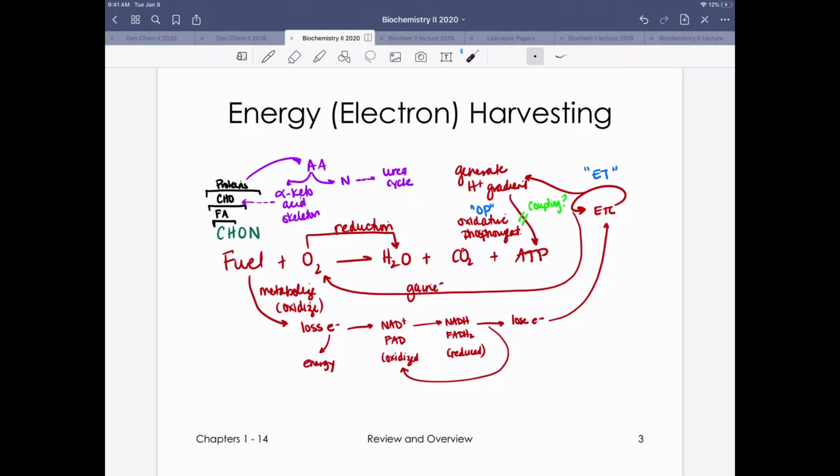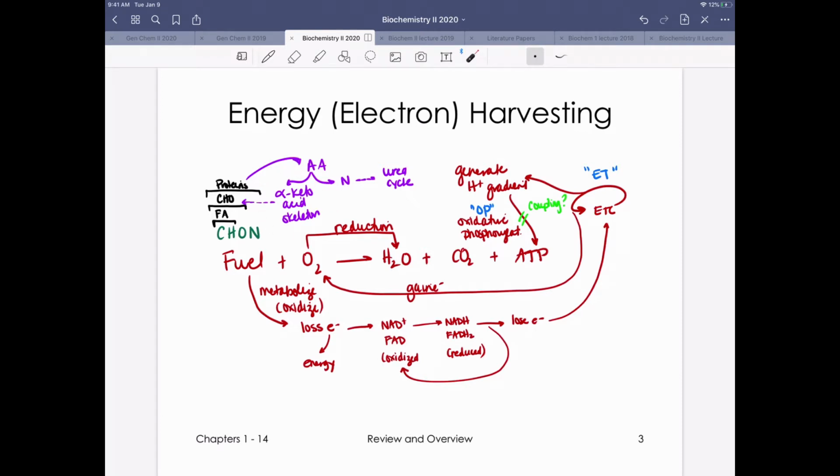After we do lipids, we'll talk about proteins. The unique thing with proteins is they have the element nitrogen, so we'll talk about how we deal with nitrogen. The big picture thing to think about here is that amino acids basically have an alpha keto acid skeleton part and then that nitrogen atom. The first thing we'll talk about in our amino acid chapter is how we deal with the elimination of nitrogen, and your body does that largely through metabolic processes in the urea cycle.